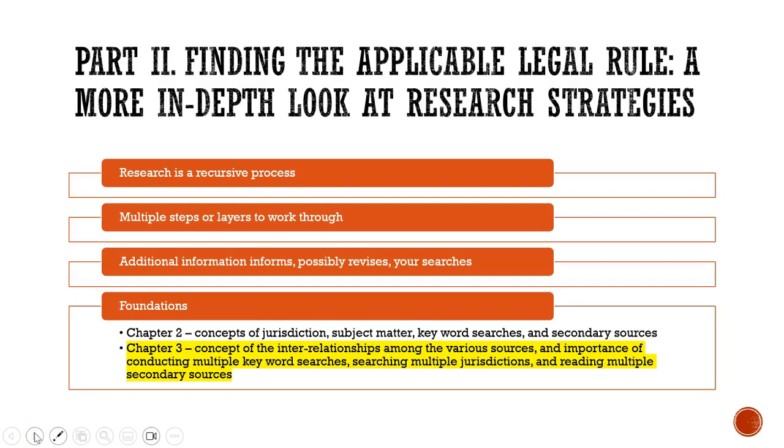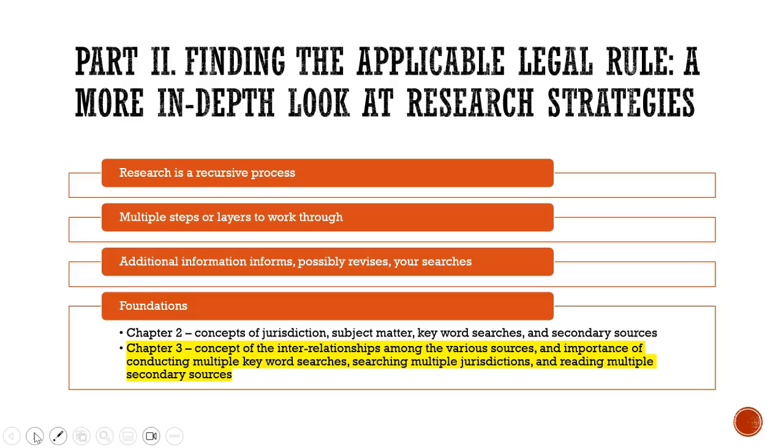All right, finding the applicable legal rule, and then when we take an in-depth look at search strategies, we're still dealing with case law, also including a recursive process with multiple steps or layers that we work through. Additional information will also inform us as to possible revisions to our search strategy and our searches as well.